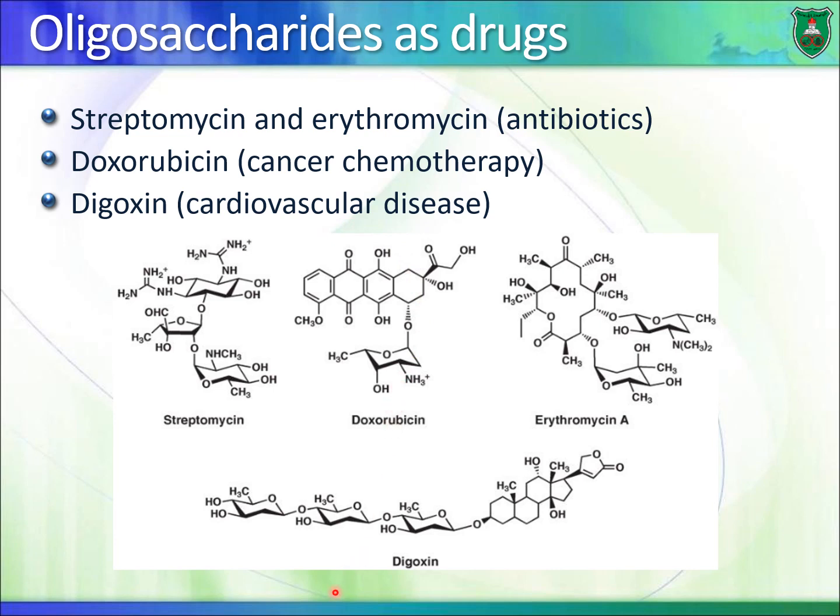And we have digoxin as well, which is used in treating cardiovascular diseases. Okay, so what you need to know now is basically how disaccharides are formed, as well as oligosaccharides, their significance in terms of their effect on our health and their structure.